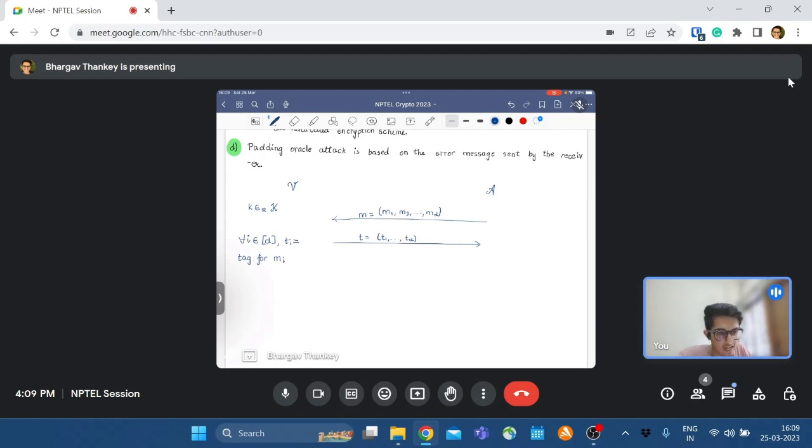Now, here the message M sent by the adversary is not arbitrary. In particular, it has this constraint: M1 not equal to M2.